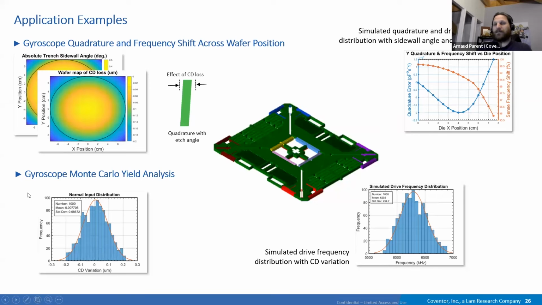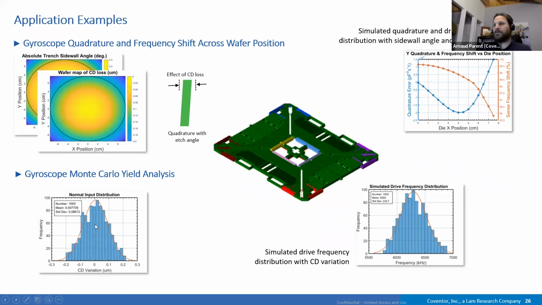Another way to study process variation is Monte Carlo. So this time you're not referring to a map, but to a distribution, a normal distribution of a value. So here we are showing the critical dimension variation with a nominal value of 0 and a sigma standard deviation. And this is the input. So Monte Carlo is basically running a lot of simulations by randomly changing the value, respecting the shape of variation.